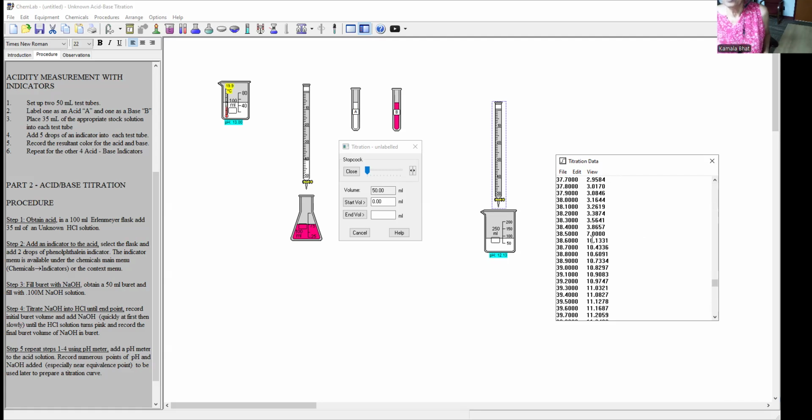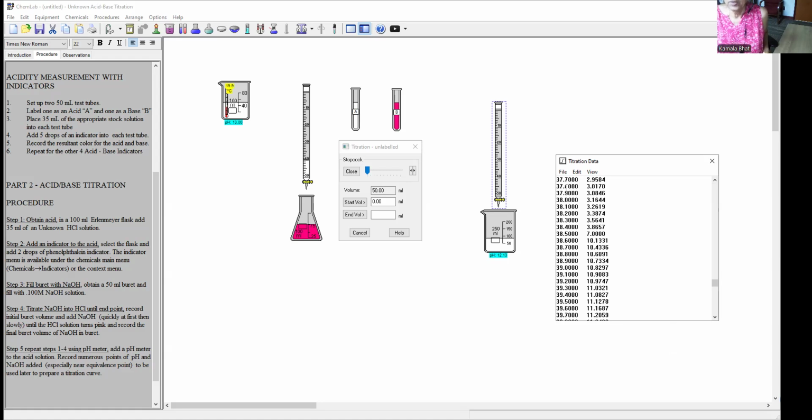And after that, as you add additional amounts of base, the pH starts stabilizing because there is no more acid. And then finally, at the end of the experiment, the pH will be equal to the pH of the solution initially taken, of the base, not of the acid.